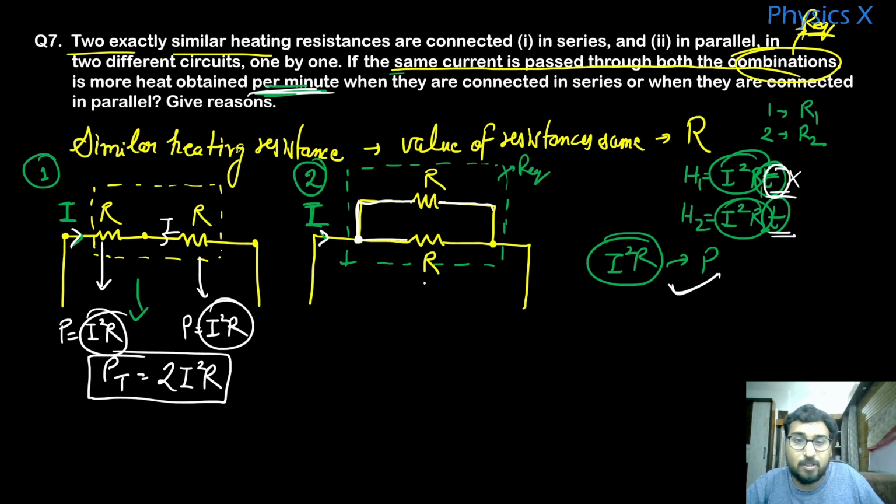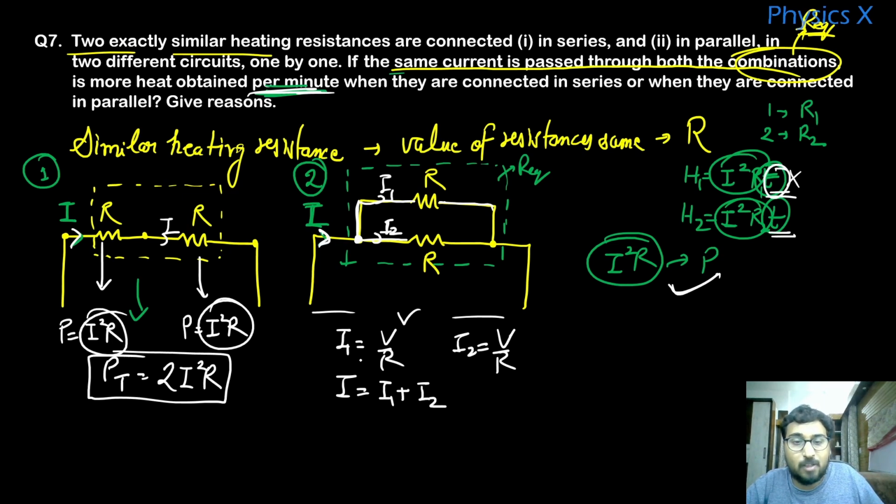Suppose the voltage across this is V, right? Let us say the currents are I1 and I2. So I1 is V by R, and I2 is V by R. Now we know that I is nothing but I1 plus I2. So I1 and I2 are the same.